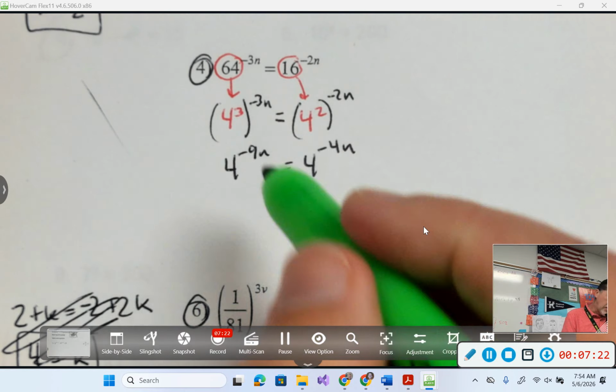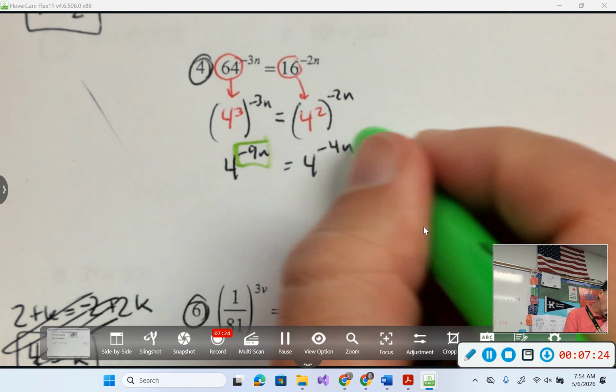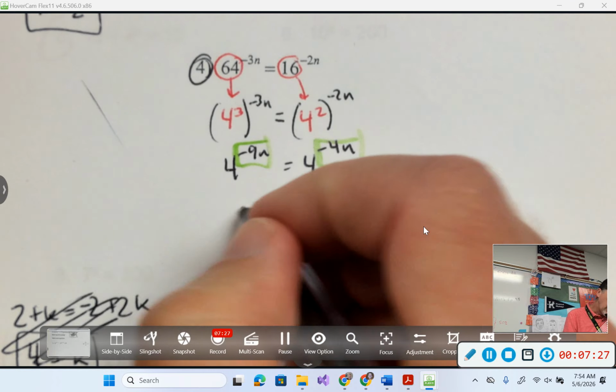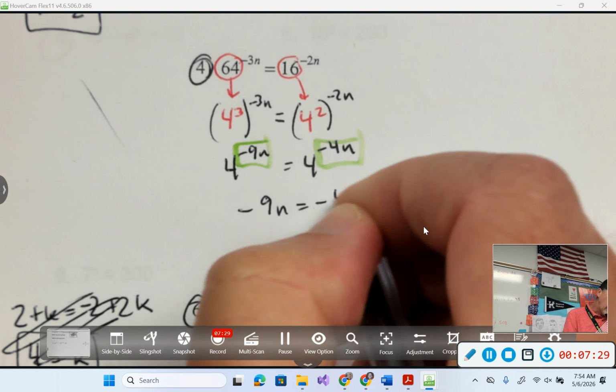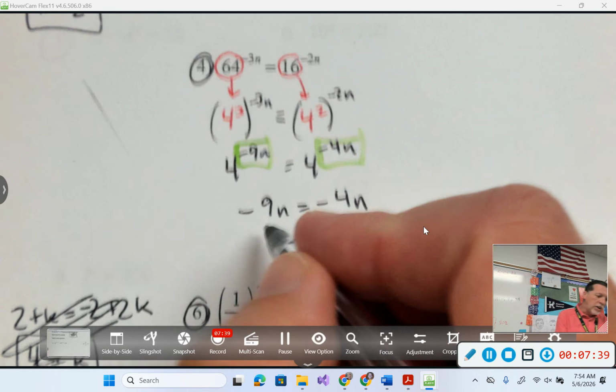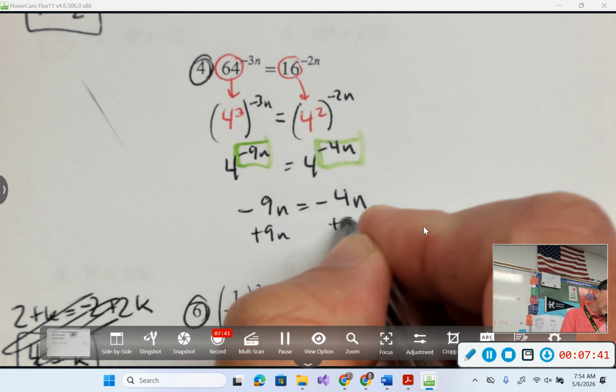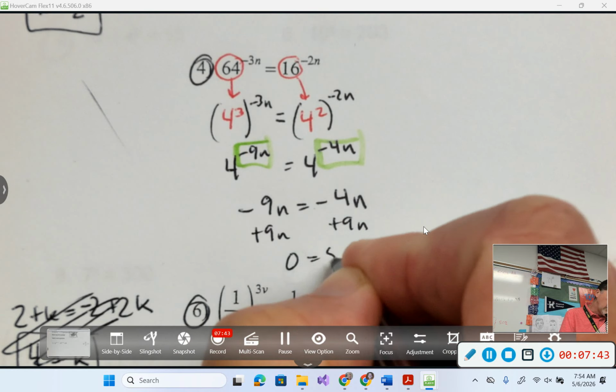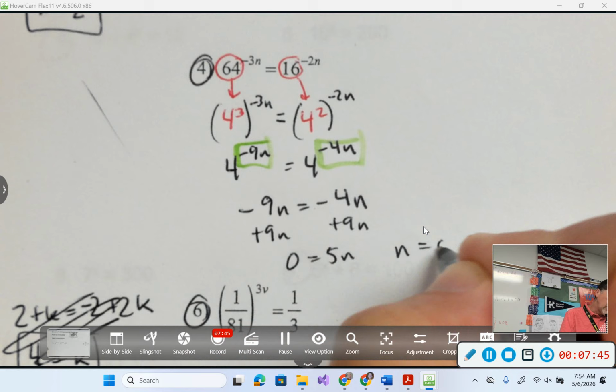So there's my something equals something step. And if negative 9n equals negative 4n, what's the only value of n that will work for that? 0. Now, if you need to kind of go through the steps and convince yourself, that's fine. 0 equals 5n, so n equals 0.